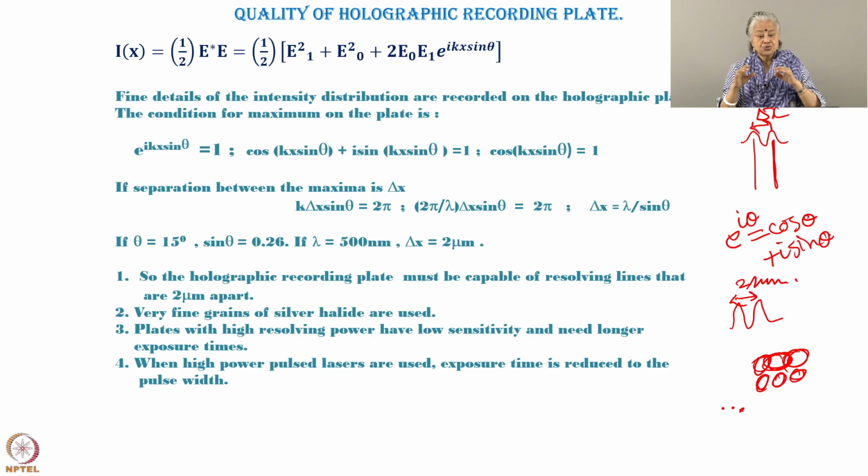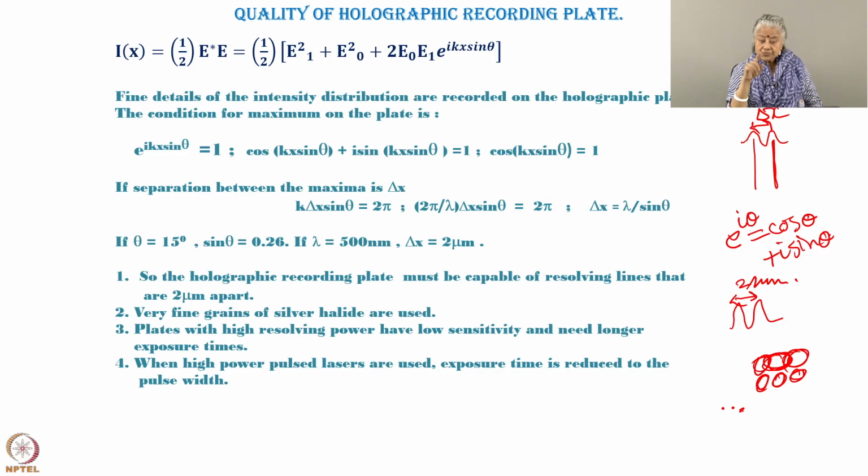Here, what you can do is you have a laser and you choose the pulse width in time to have control on the exposure time. Then in that case the resolving power, the exposure and the sensitivity will both be in your favor. So, these are some of the factors which affect the quality of your holographic recording.